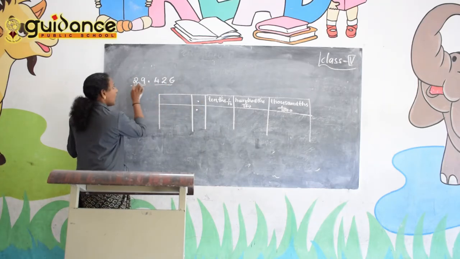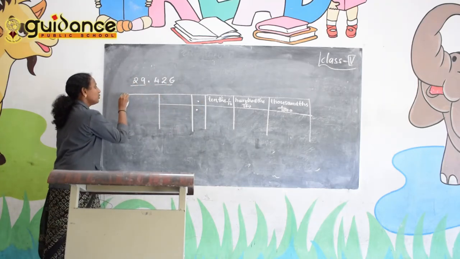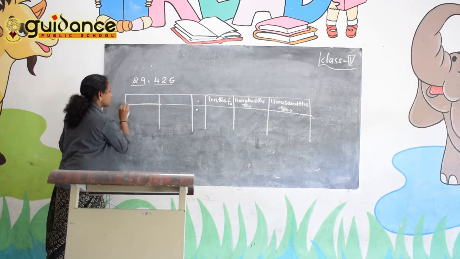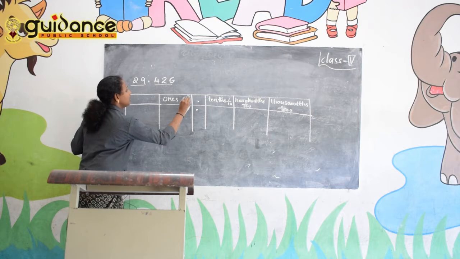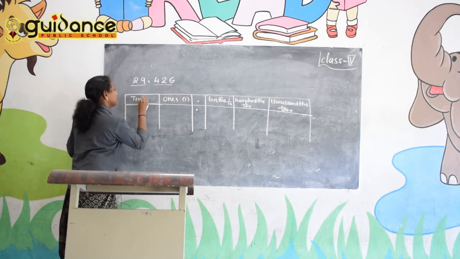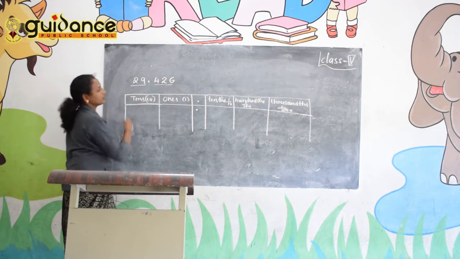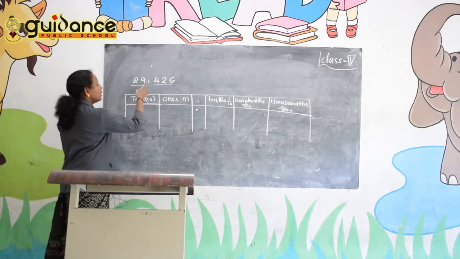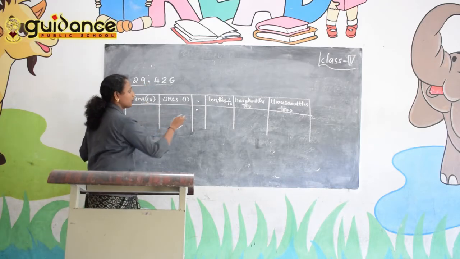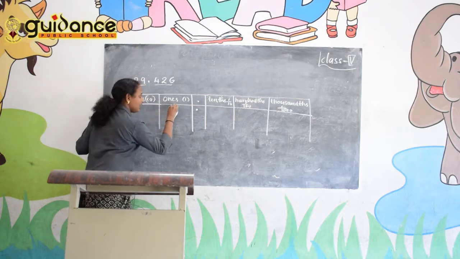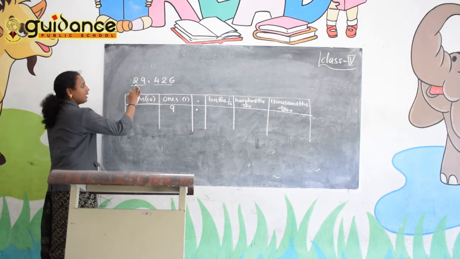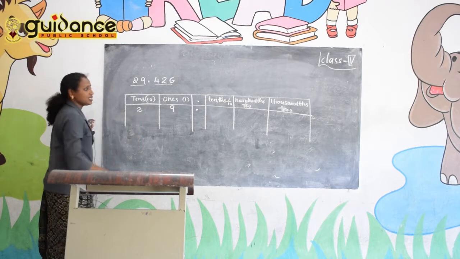The next, after this 2 places, this is in ones and this is in tens. The next, decimal point. First we have to represent the decimal point. After that, ones is 9, tens is 2, this way.